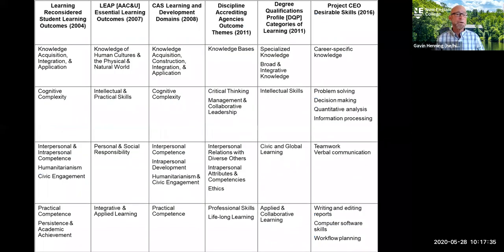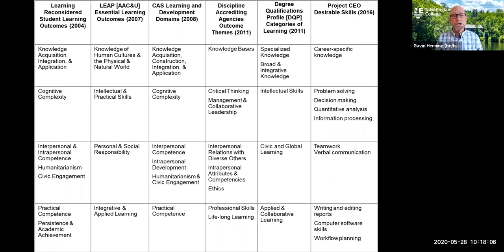Those outcomes may have looked familiar to you, partly because they're aligned very well with other outcome frameworks, such as Learning Reconsidered, the essential learning outcomes from AAC&U, even some discipline accrediting agency themes, the Degree Qualifications Profile, as well as Project CEO, where employers and the National Association of Colleges and Employers did a study to look at what those key outcomes are.